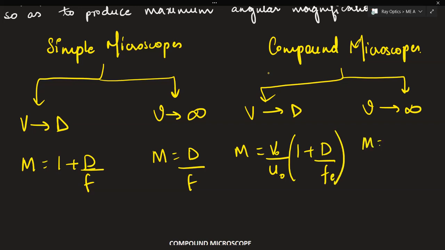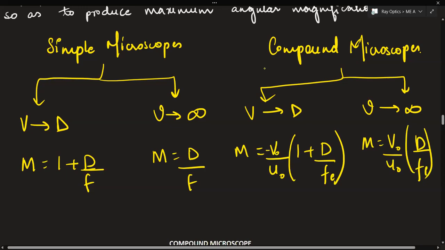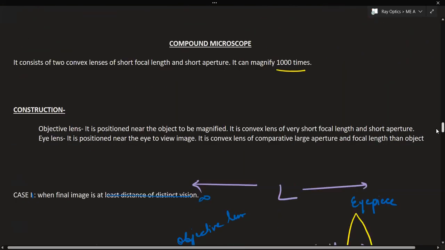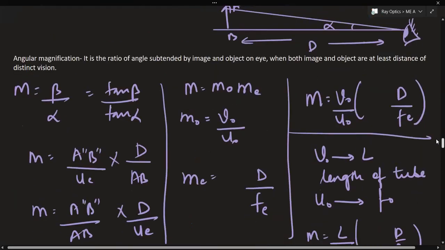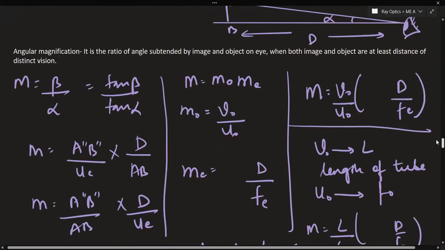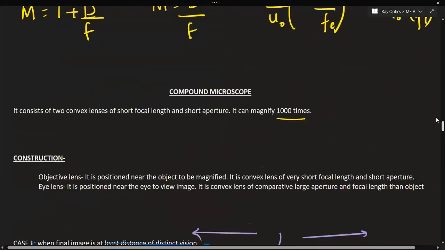For final image at infinity, it will be V naught by U naught times D by FE. These were the formulas we had seen in the last class for compound microscope. So this is a summary of what we have studied.